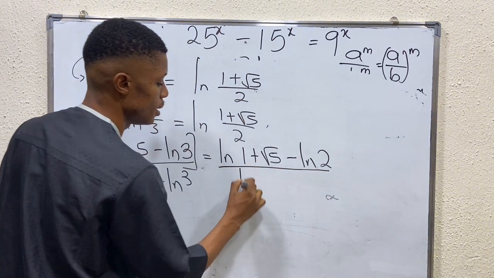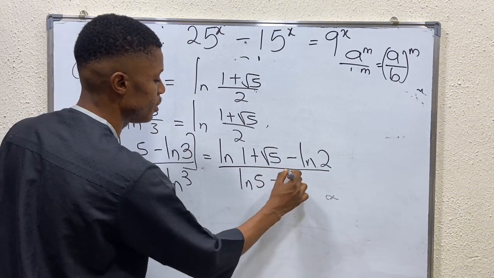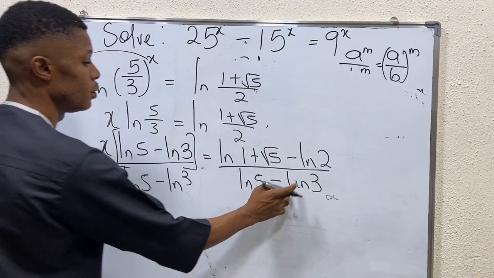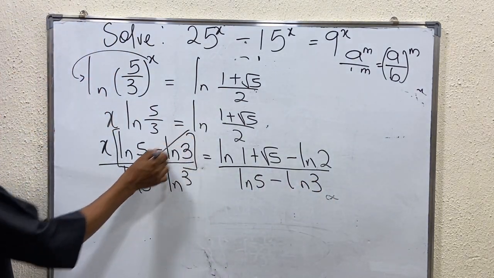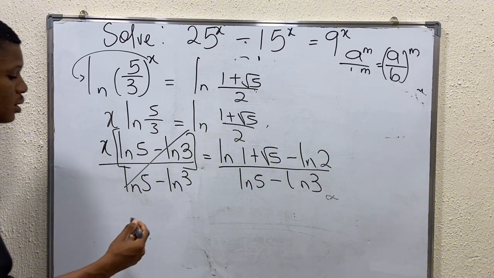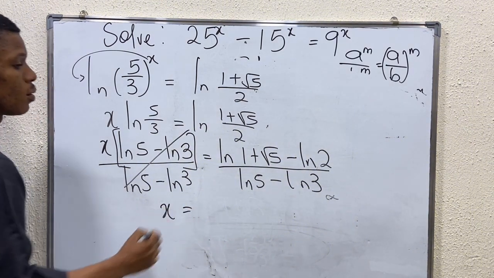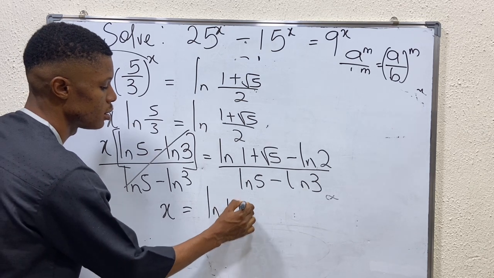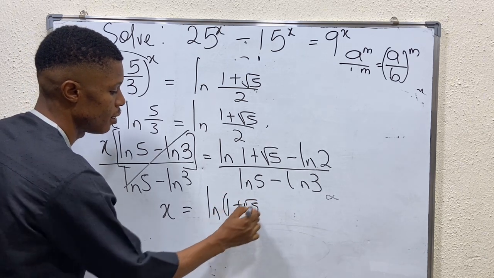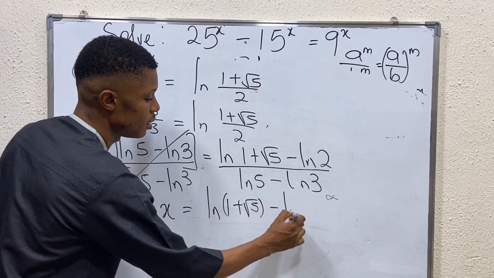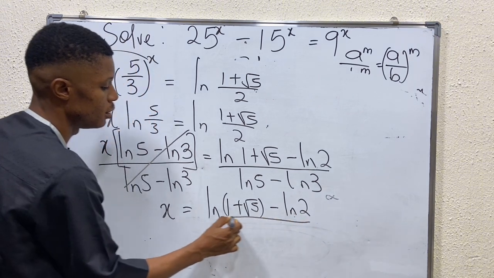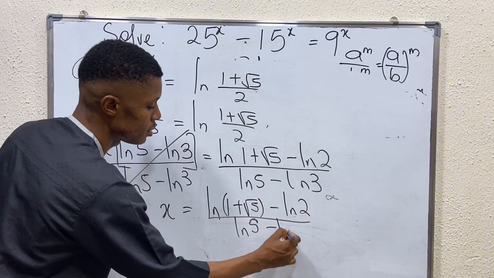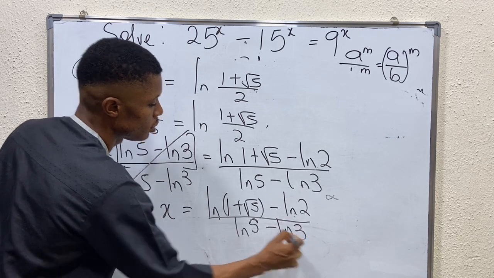If you divide through, you can see that this will cancel out. You see that the value for x is equal to ln of 1 plus root 5 minus ln 2, divided by ln 5 minus ln 3.